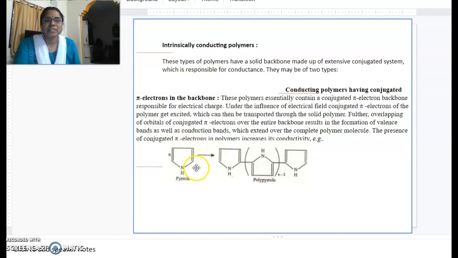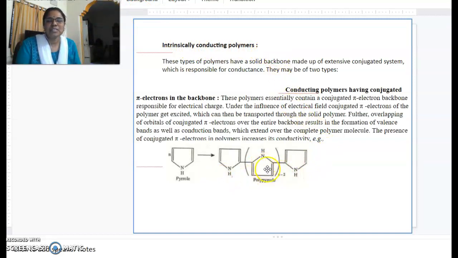When it participates in the resonance, obviously this pi bond will shift here, this will shift here, nitrogen gets a positive charge, again this shifts. Like this, the shifting of electrons will take place. Whenever this electron shifting is there, obviously there exists the presence of electrons. So simply you can say availability of electrons is responsible for conducting electricity. All these exist in the polymer backbone, so it is called an intrinsically conducting polymer, right?